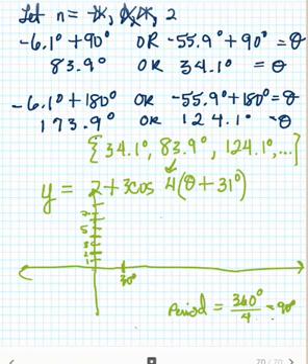I know it takes me forever here. 1, 2, 3, there we go, 60. 1, 2, 3, 90. 1, 2, 3, 120. There we go. Okay, so 30, 60, 90, 120, 150, 180, 210, whatever. Okay, I got a little bit carried away here.